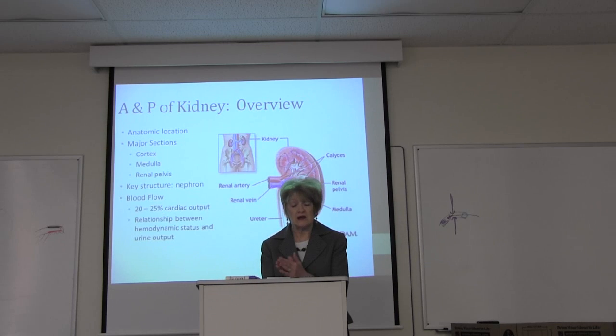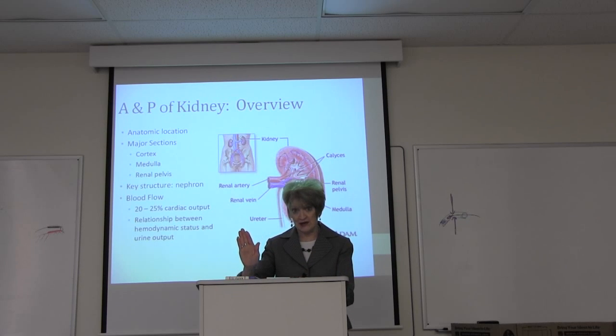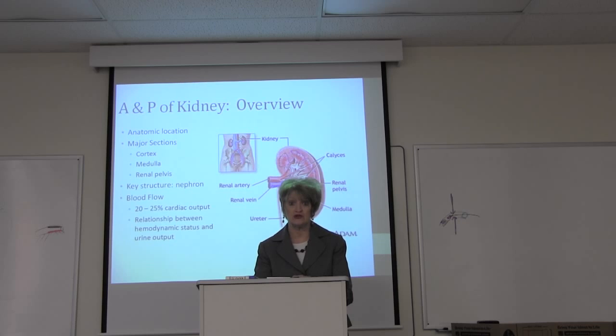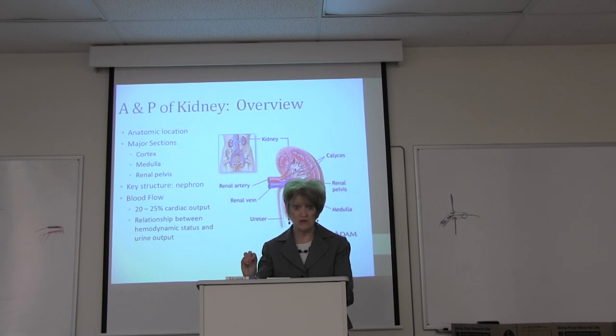Failure to provide adequate blood flow to the kidneys can actually result in acute tubular necrosis. So that interchange: we can monitor hemodynamic status partially through monitoring urine output, and we know that if there is a major problem with hemodynamic status, the kidneys are the organ most likely to be damaged.